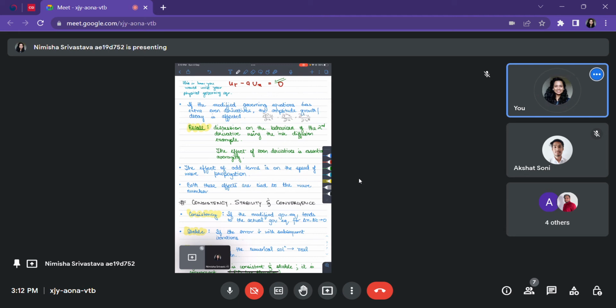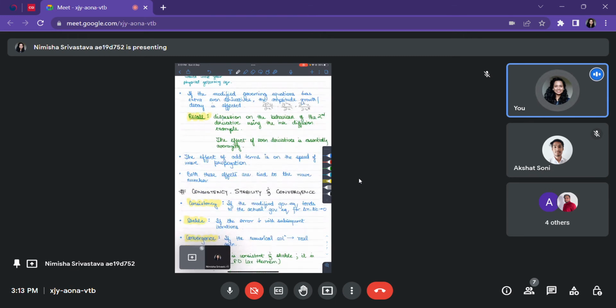Okay, so we would like to recall this again. Once again, I'm bringing in the diffusion example. Do you understand what I mean by when I say that amplitude decay or growth is affected? Why that is affected is because these even derivative terms are diffusive in nature, just like I spoke about the ink that gets diffused in still water.